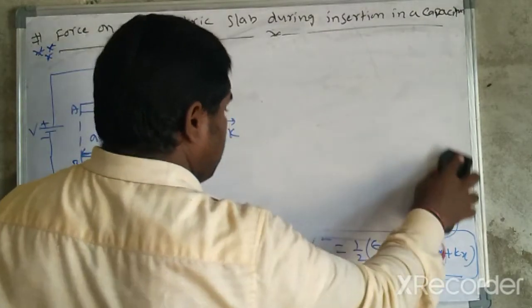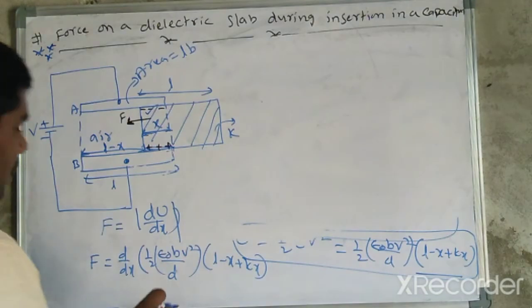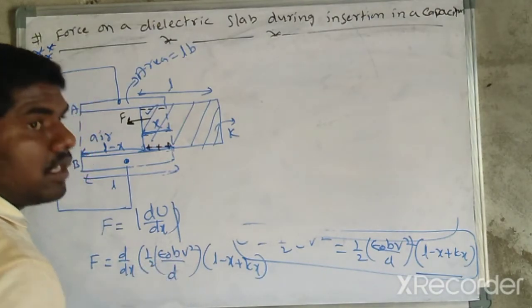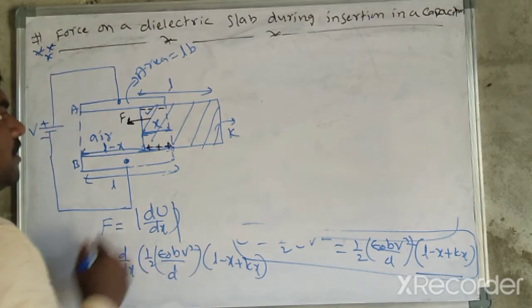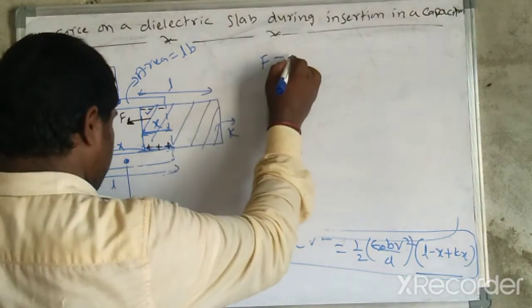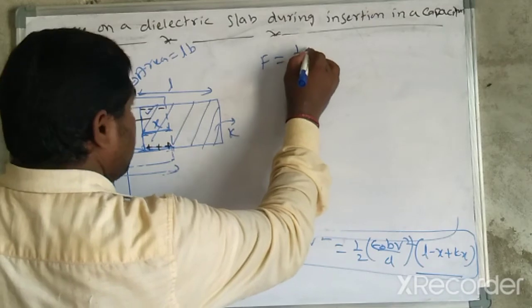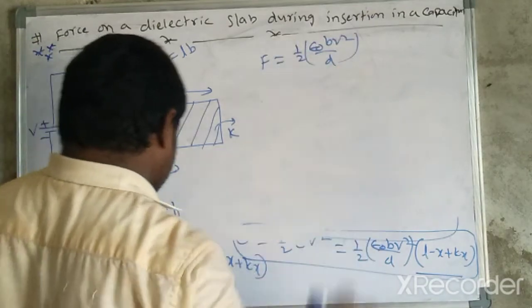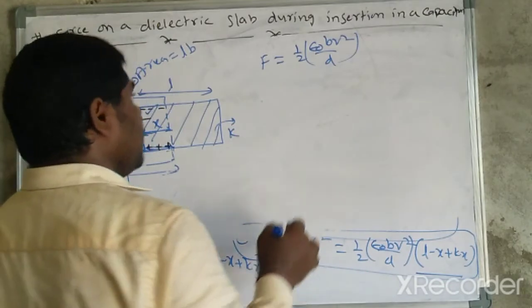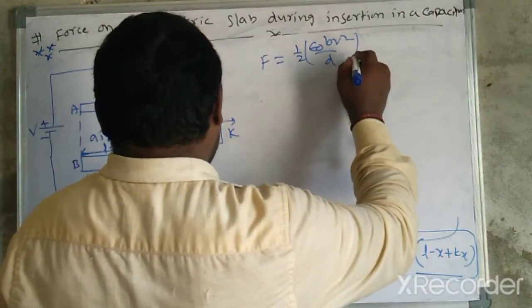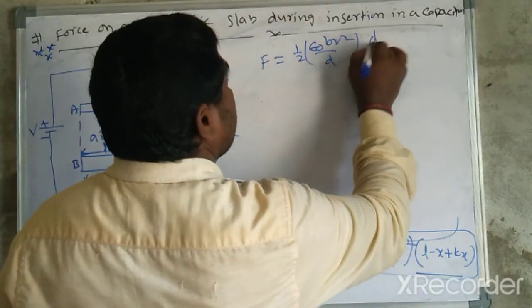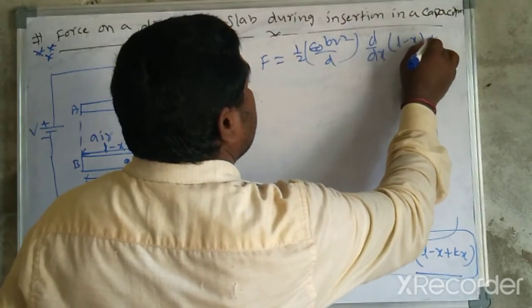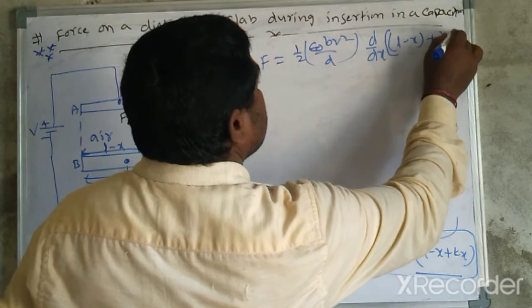We are going to discuss. The constant 1 by 2 epsilon naught B V square by D can be written outside the differentiation. So F is equal to 1 by 2 epsilon naught B V square by D into d by dx of (L minus x plus Kx).